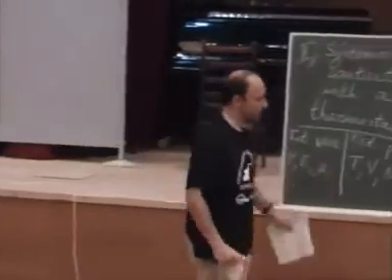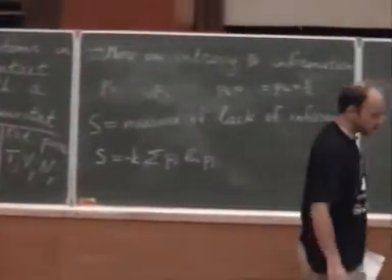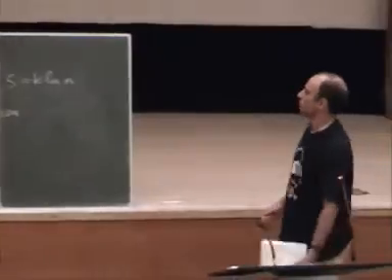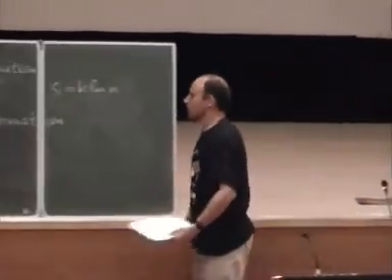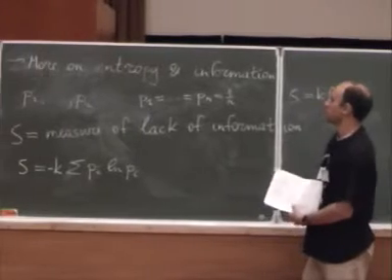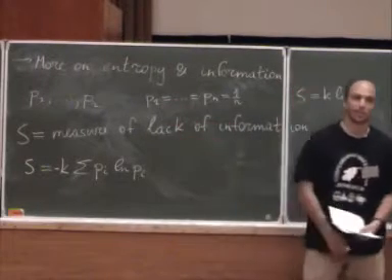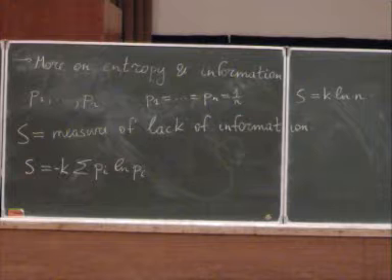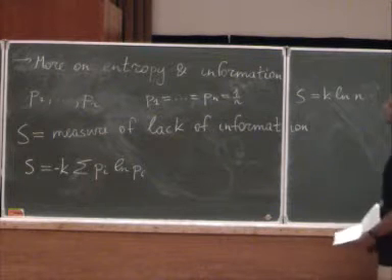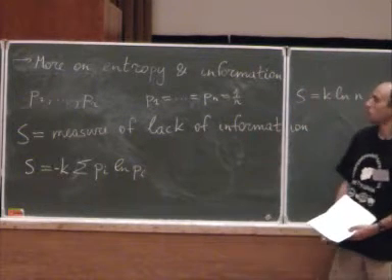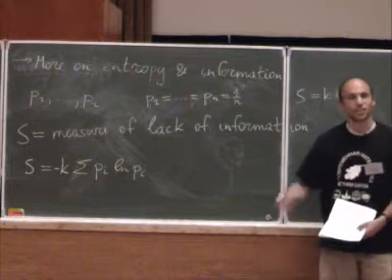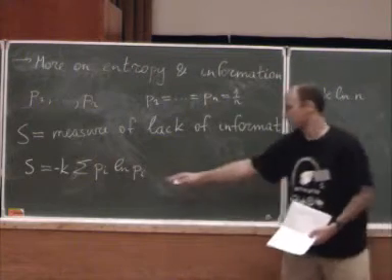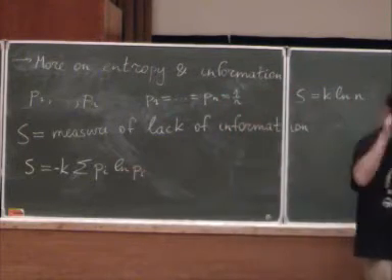So I will try to justify why this is the only possible formula. Actually, there is a rigorous theorem that I will formulate but not prove. But the idea is that if you have a very small p_i, and the issue of the experiment happens to be this very improbable event, then it gives you a big amount of information, which is logarithm of p_i.